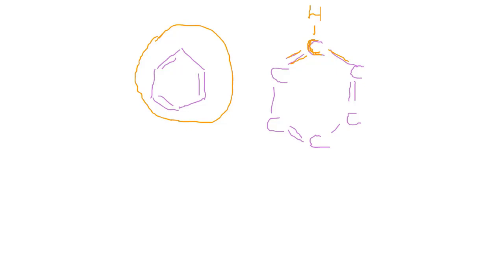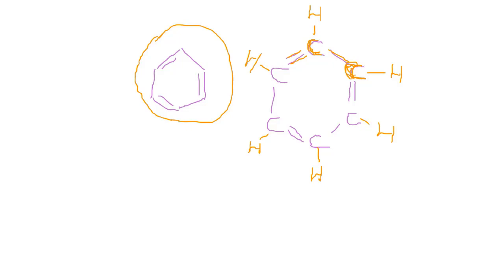And that will happen with all the carbons. This carbon has 1 double bond and 1 single. So 1, 2, 3, 1 more hydrogen. And that will happen with all of them. So this is the structure of benzene.